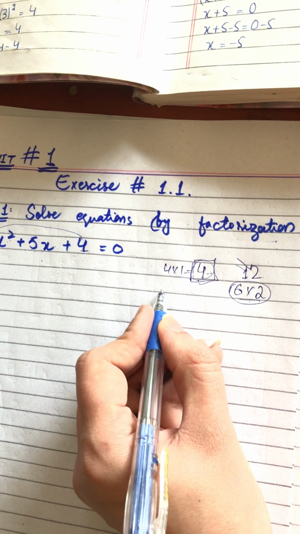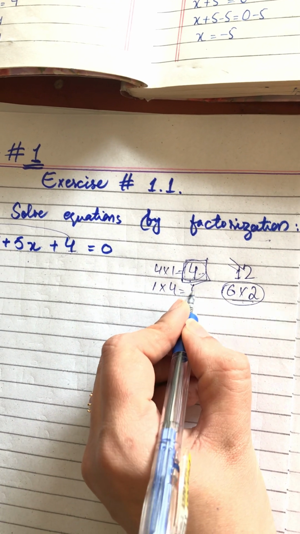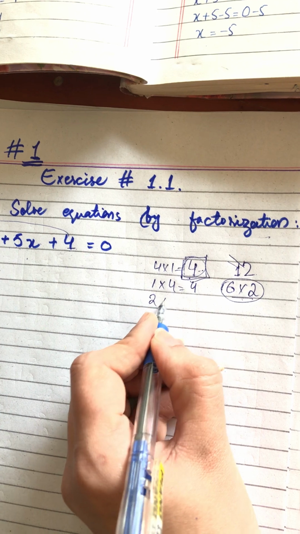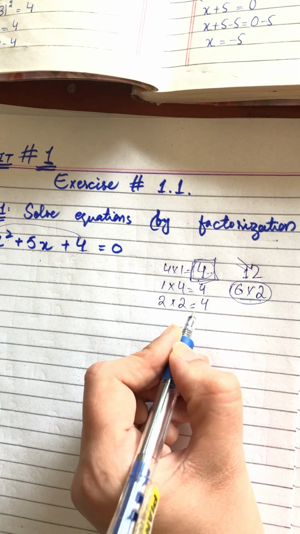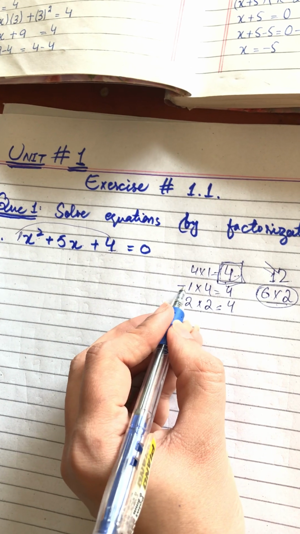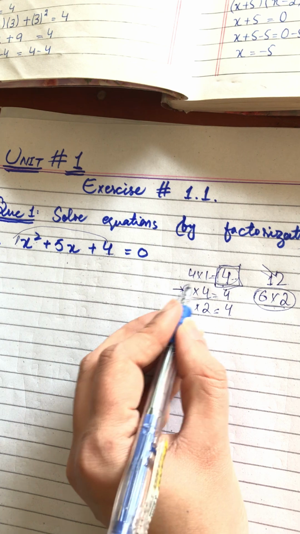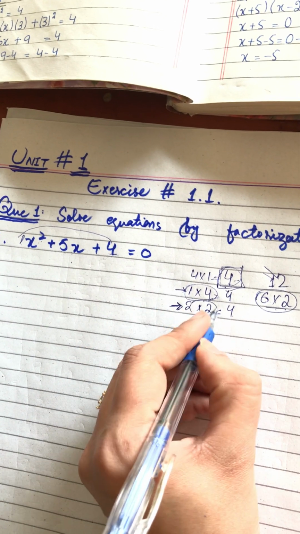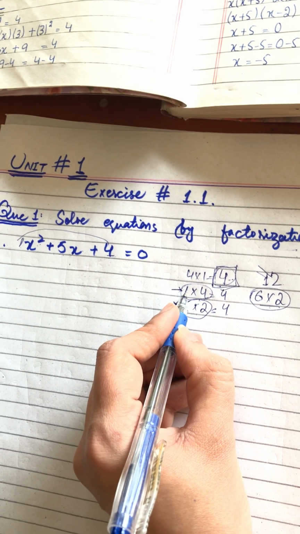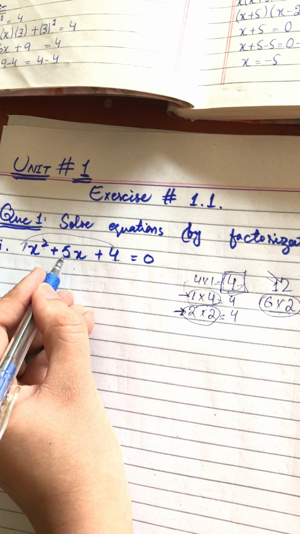Now we will make the factors of this 4. We will start from 1. 4 ones are 4. 2 twos are 4. And we will check which factors, when added or subtracted, will give the answer 5.